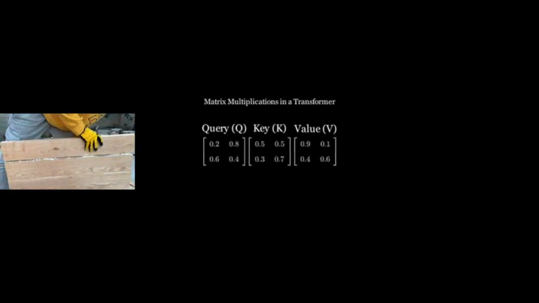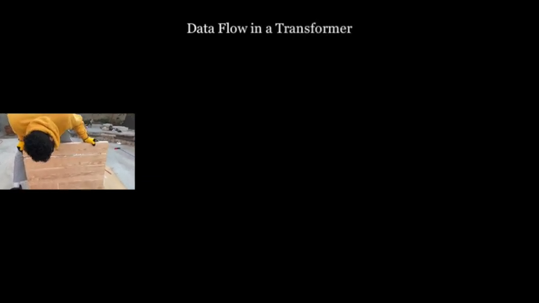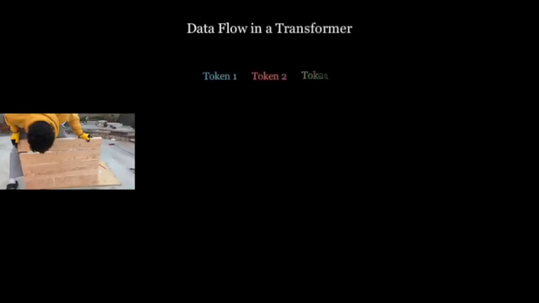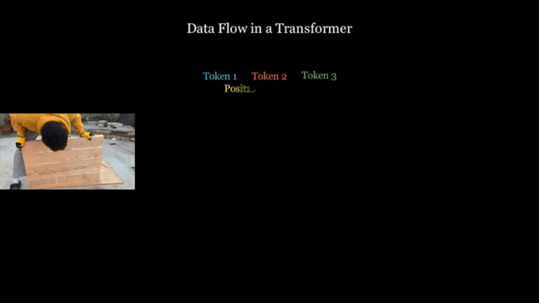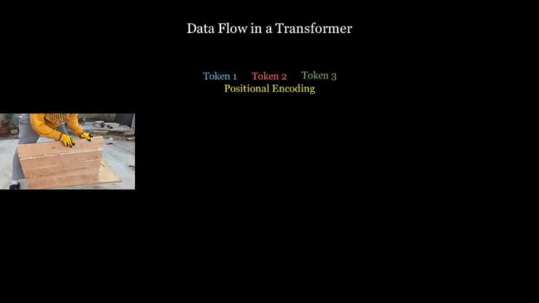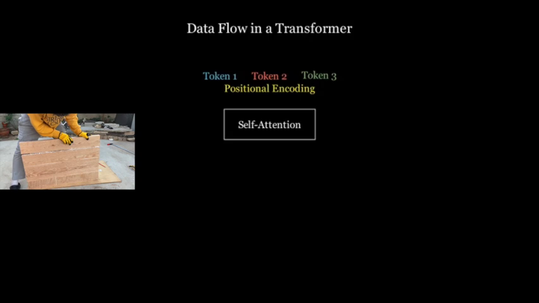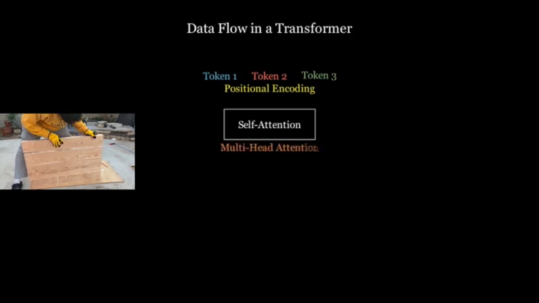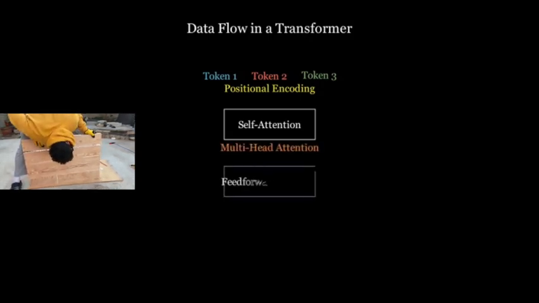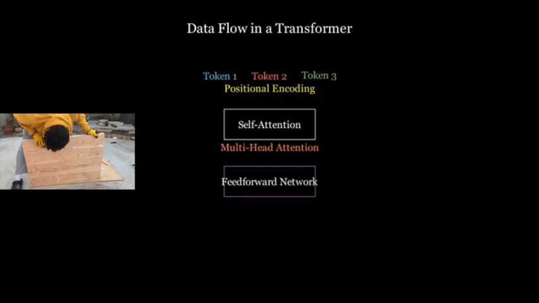By repeating attention and transformation steps, the final layer produces a probability distribution of possible next words. The highest probability choice is selected, and the process repeats.